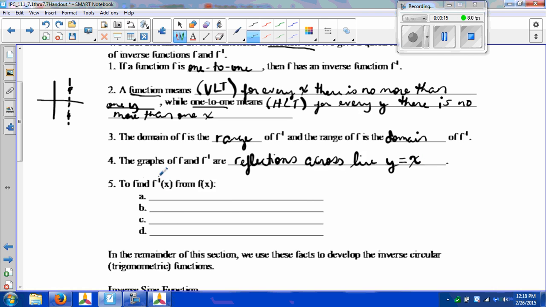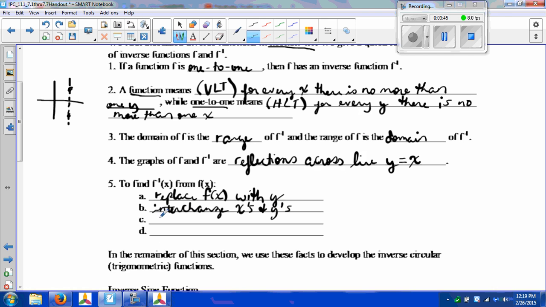Okay, so to find f inverse from f of x, first you replace f of x with y. That's just the definition of f of x. Then you interchange x's and y's. That's the definition of inverse.